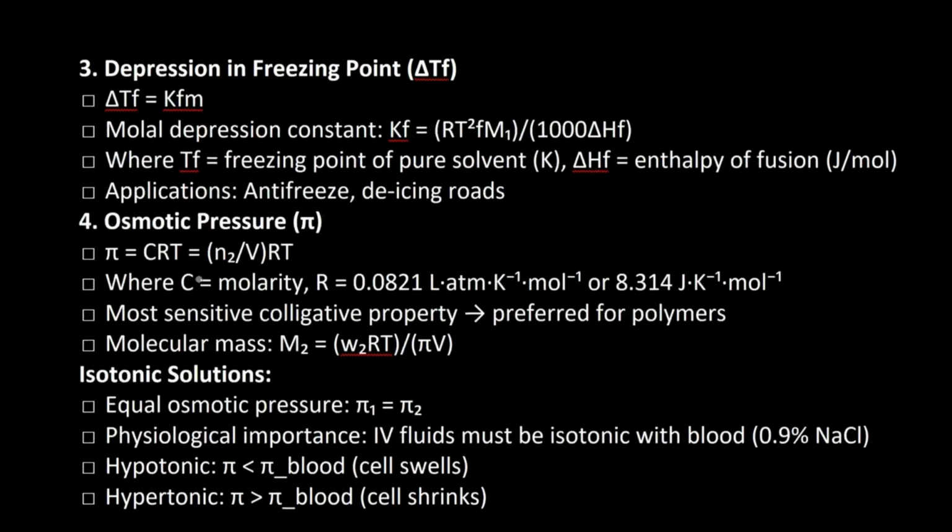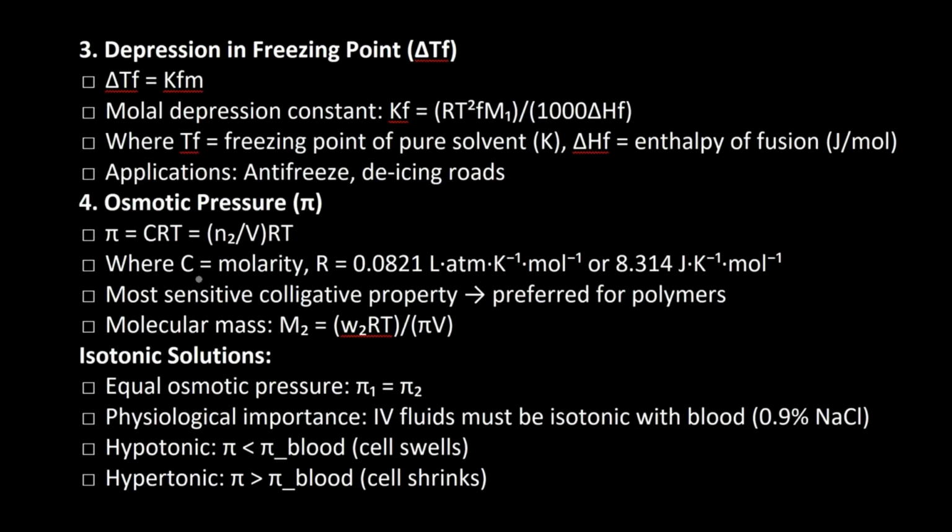And depression of freezing point also, delta TF is equal to KF m. While you are finding the TF value, check whether it is T naught minus TF or TF minus T naught, so please be careful about that. And osmotic pressure.